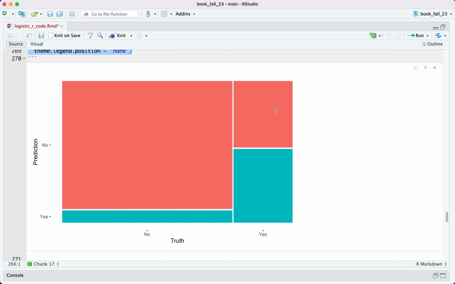Within the yes column, we can see that roughly half of the rain days were correctly classified as rain and roughly half were misclassified as no rain. In contrast, on the actual non-rainy days, so truth equals no, a small fraction was misclassified as rain, but the majority of non-rainy days were correctly classified as no rain.